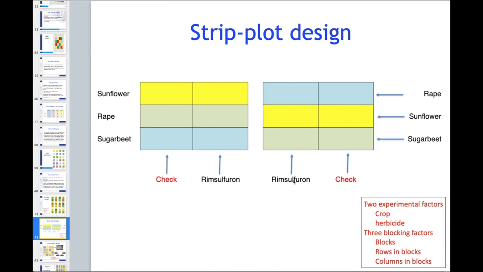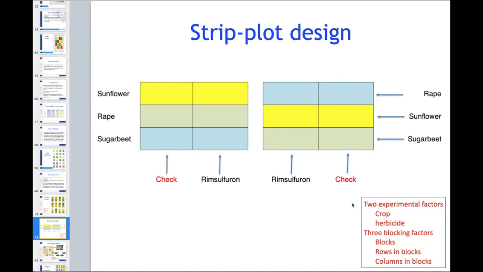But we have put a further constraint. We have put a constraint to full randomization. We put a constraint for the block. We put a constraint for the rows. The rows must contain all crops. And there is a further constraint for the columns, which must contain all treatments.